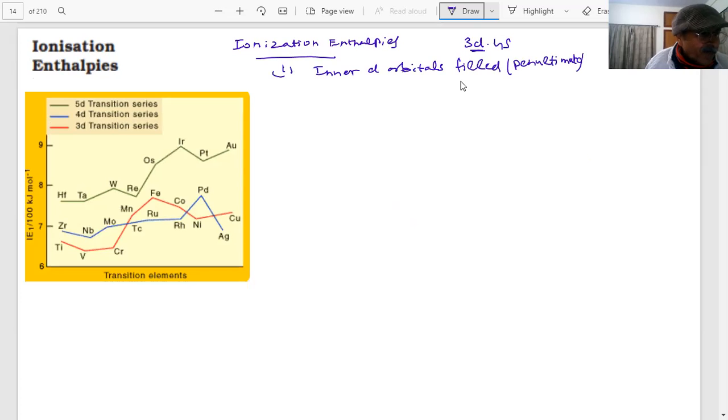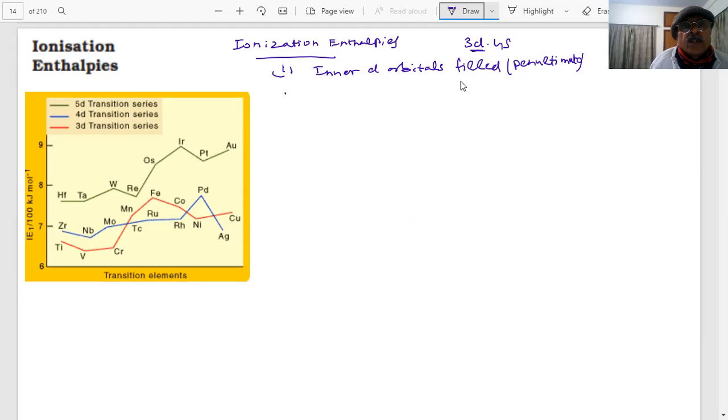So there is an increase in ionization enthalpy along each series from left to right. For titanium, vanadium, chromium, iron, cobalt this is increasing, but on this side the trend slightly decreases.